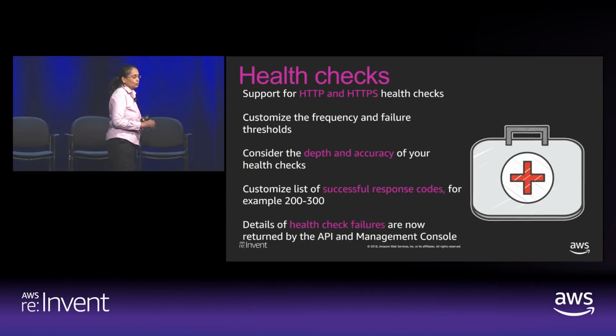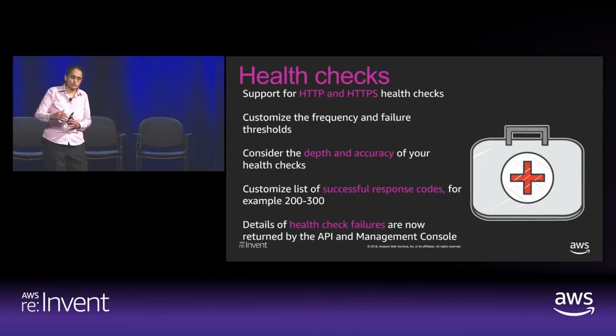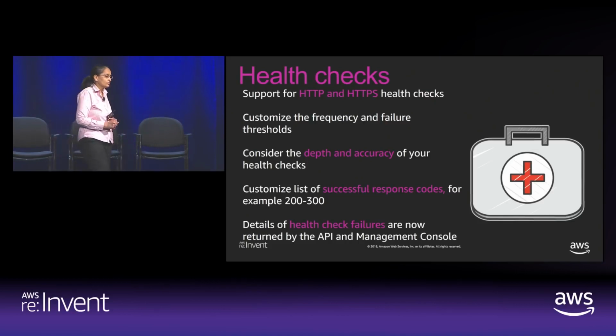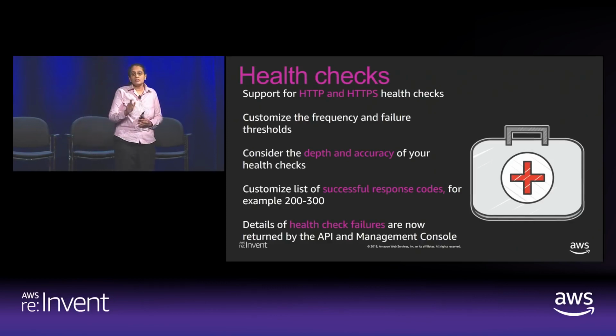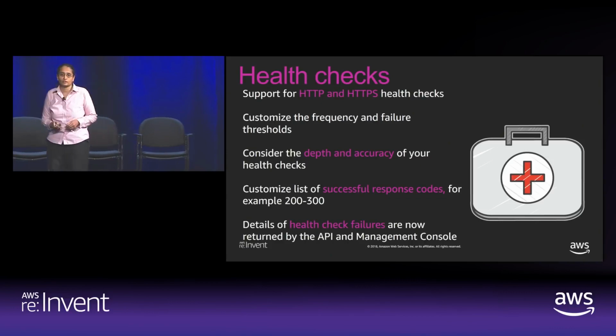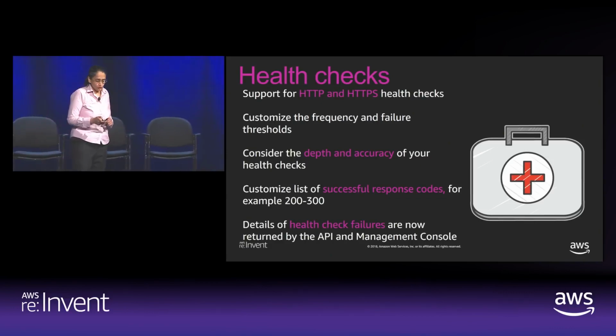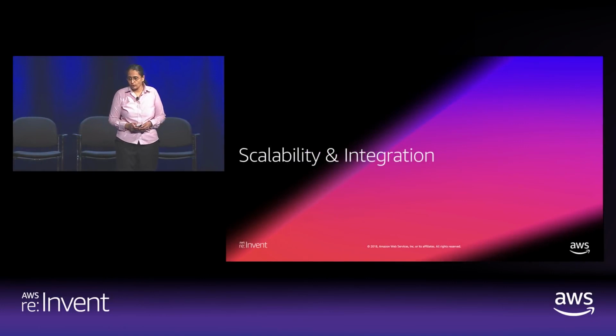Generally, we recommend not going very deep in configuring your health checks. One other enhancement that we did is that you can customize the error response that we send back when you fail those health checks. And the reasons for the health check failure are actually shown on the console right now. This is one of the pain points we got a lot of support cases for.